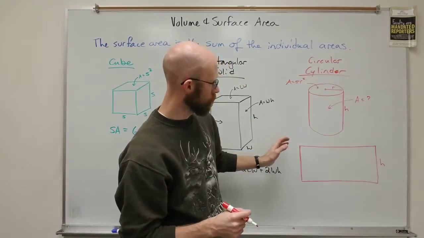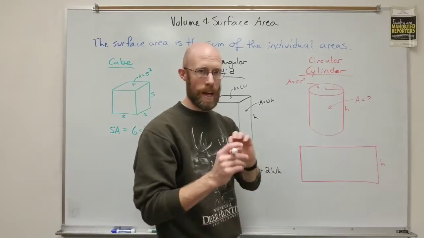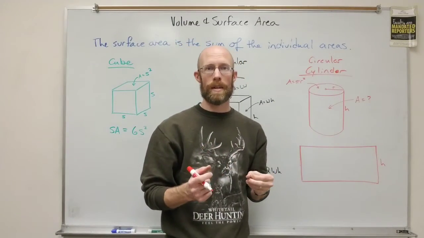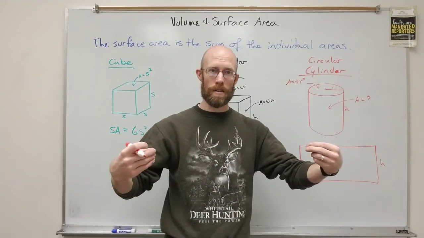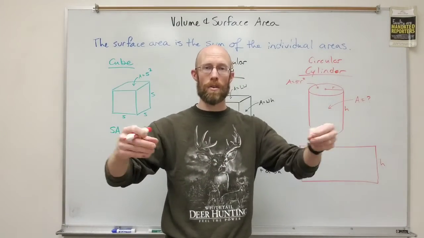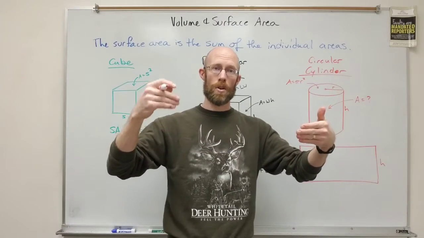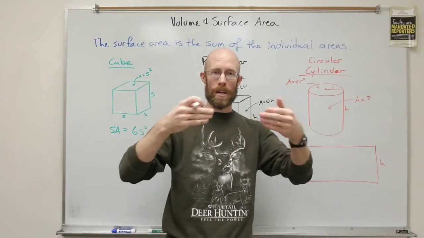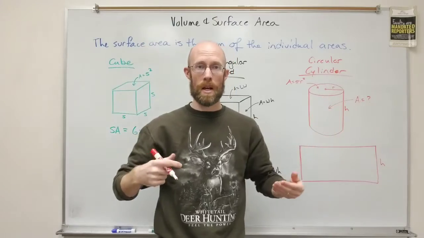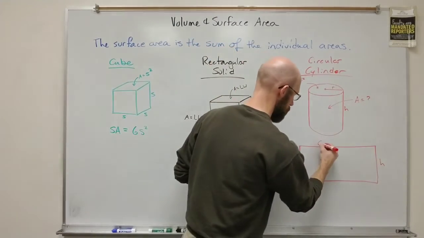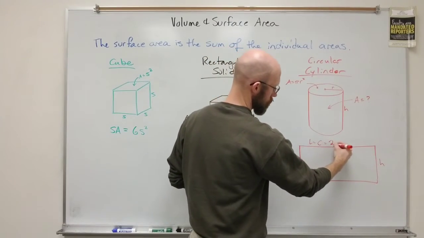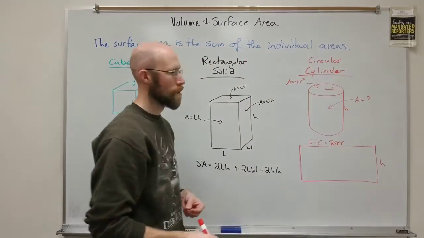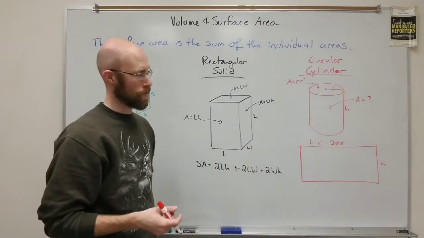And so here, if you were to cut this on one edge and just wrap it out, kind of like the label on a can of soup, you cut it and then take it off the can and roll it out, it's going to be a rectangle whose width is the height and whose length is the circumference of the base circle. So that length is equal to the circumference, which is 2 pi r, or pi d, whatever you want to use.